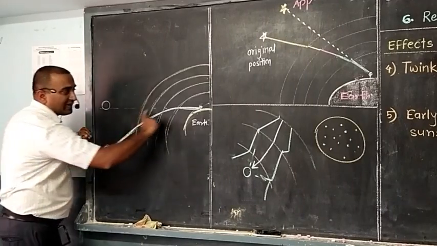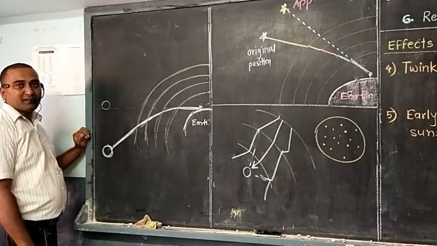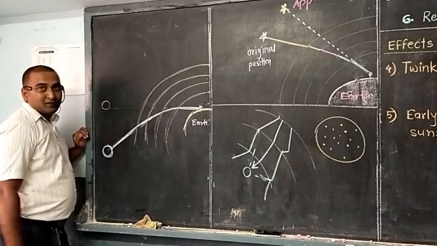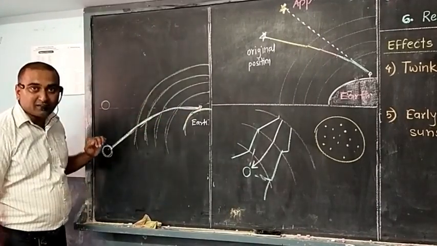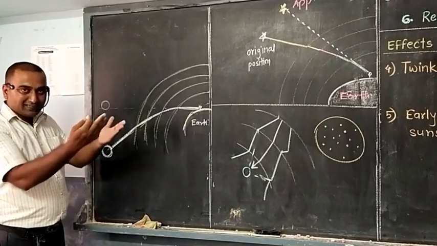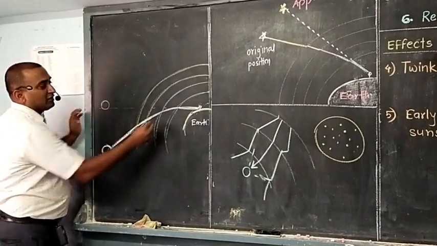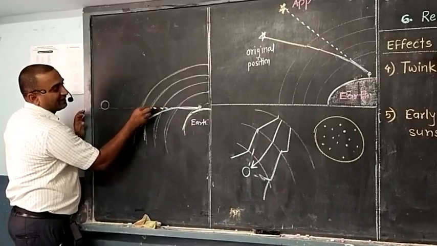So how is light traveling within the atmosphere? In a curved path. But the person who is getting that curved light path assumes that he is observing that light straight, and so you will have to extend this ray like this.